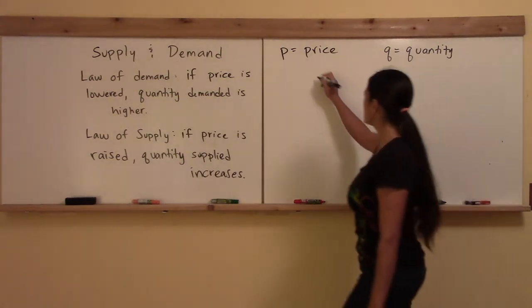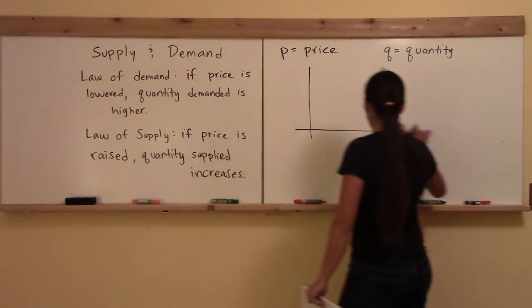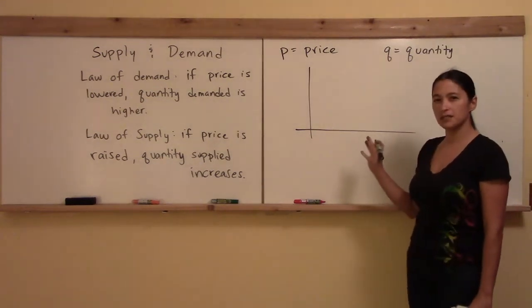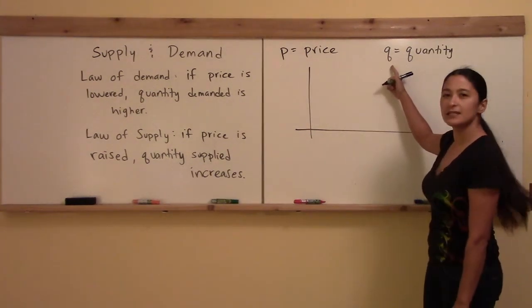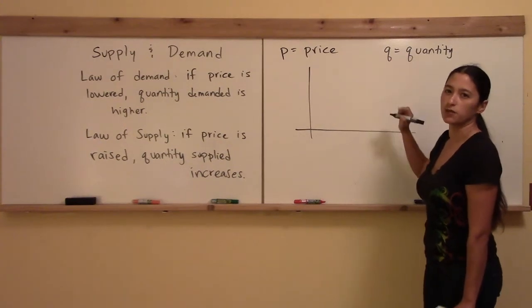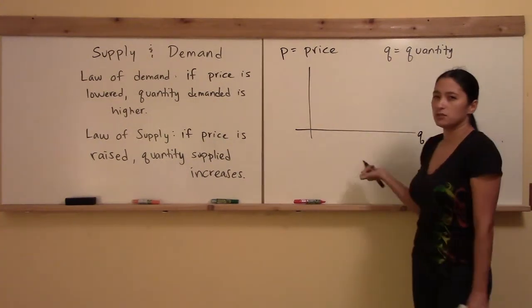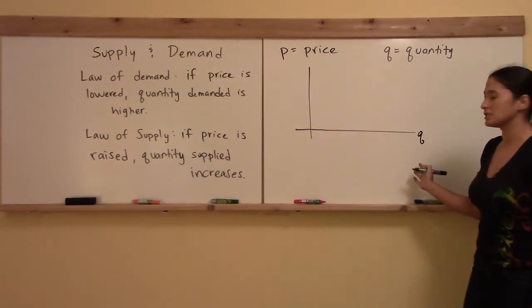And we want to really look at both of these at once on some sort of axes. And this is a little bit confusing now because I don't have an X anymore. I'm going to have a Q for quantity instead of an X, and that's just what's commonly used in the literature, so we're going to be consistent with that.